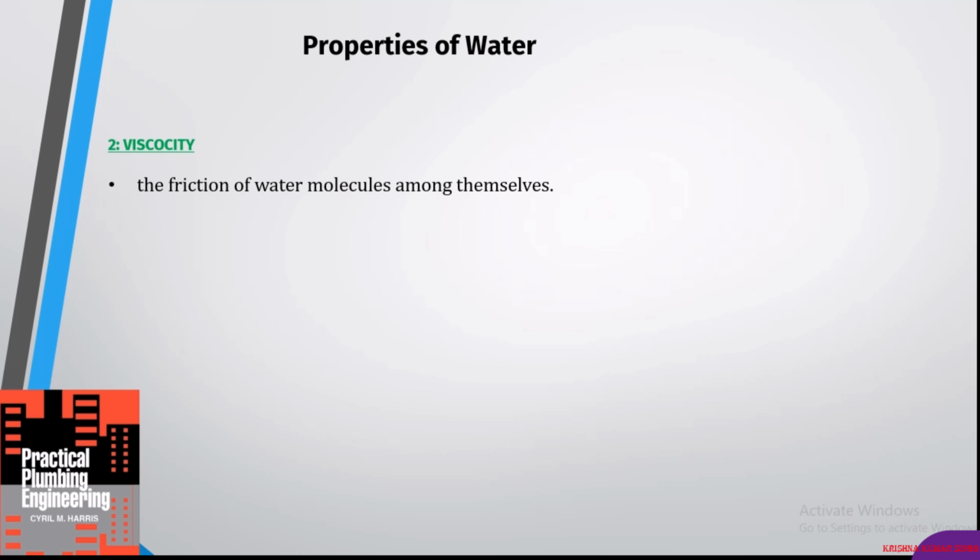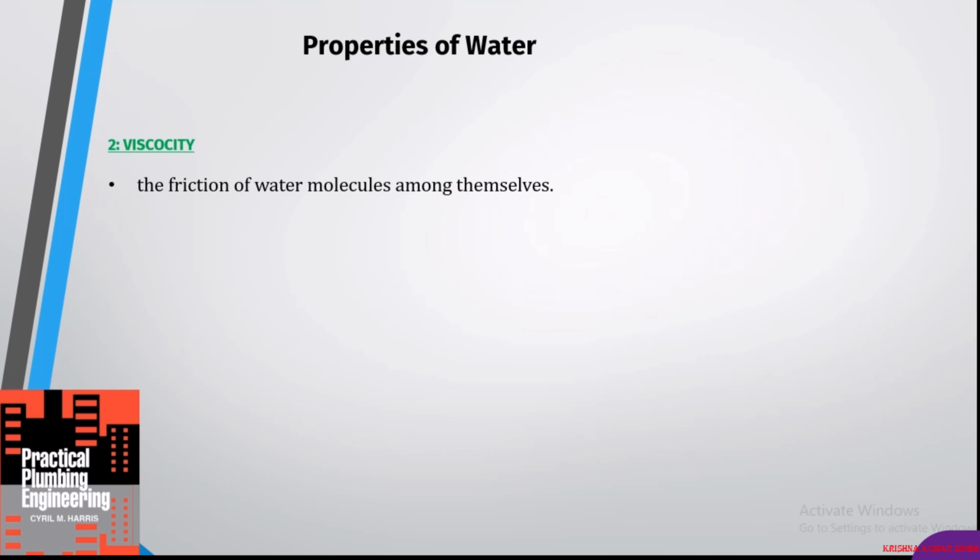If the forces of attraction among the molecules of liquid or any fluid, or you can say gas, but in the case of gases, we might not consider the viscosity factor. But in liquid, it plays a very vital role. So in liquids, if the forces of attraction among the molecules are very weak, there will be less viscosity.